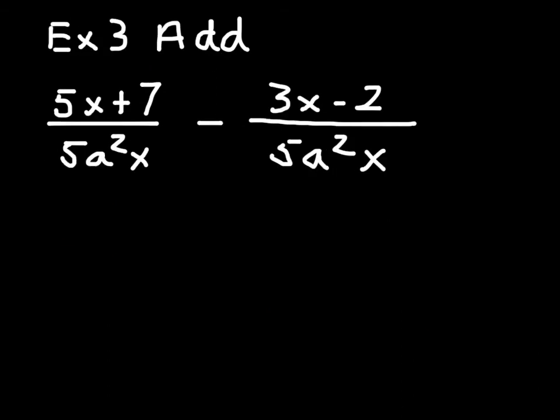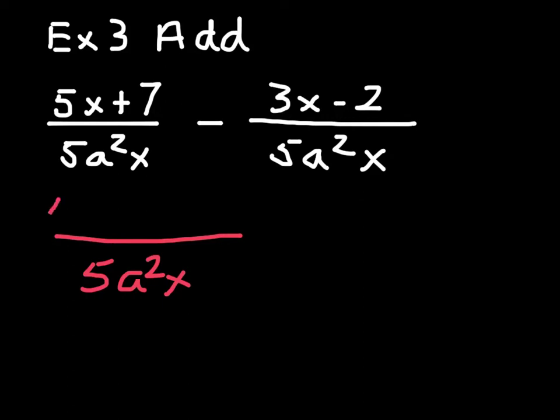All right, final example, example 3. Now again, I'm subtracting two fractions. And the two fractions have the same denominator. So 5 times a squared times x, or in other words 5a squared x. Now this is where it gets a little bit tricky. You got to be careful here.